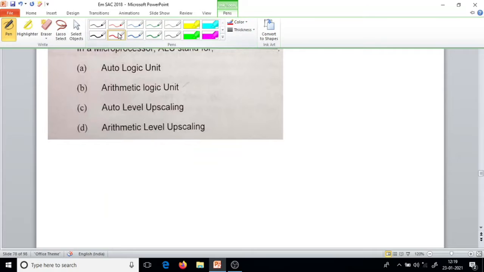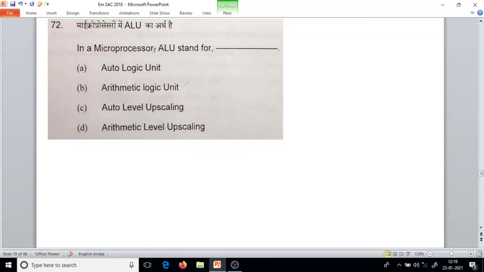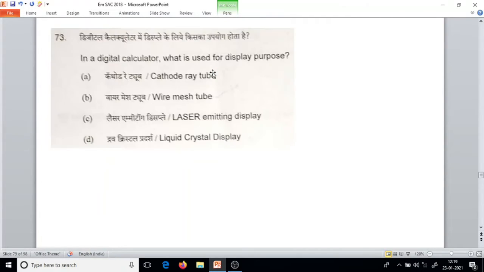Question number 72. In a microprocessor, ALU stands for, that all of us know, arithmetic and logic unit. In a digital calculator, what is used for the display purpose? In our phones, what is the display used?